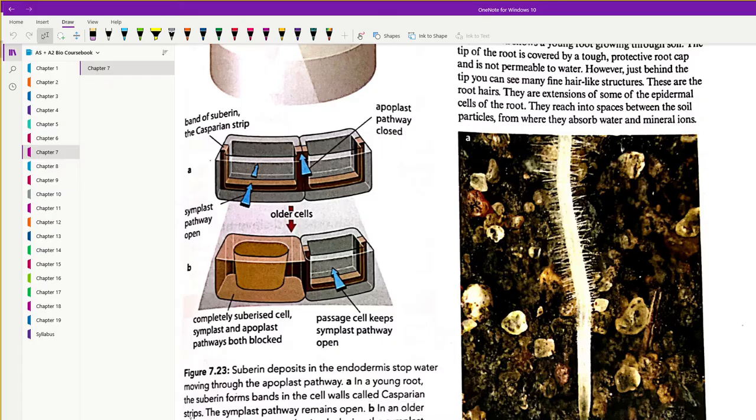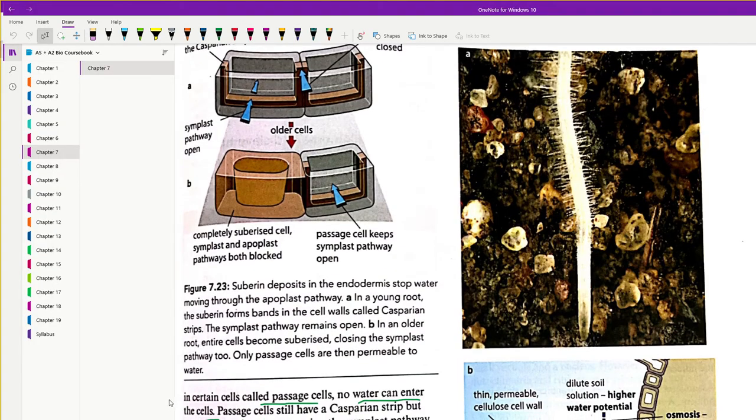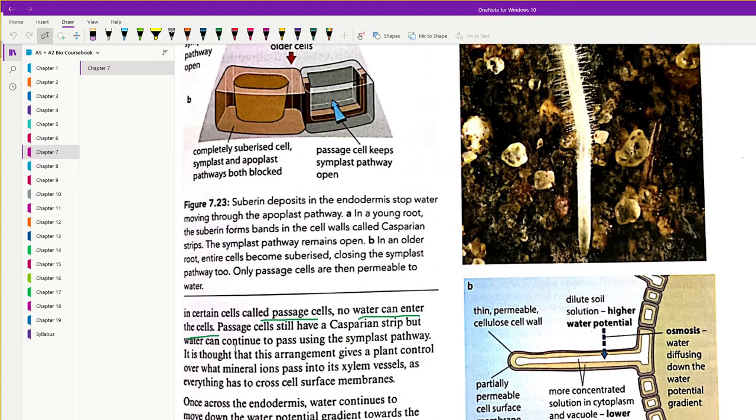In an older root, entire cells become suberized, closing the symplast pathway too. In certain cells called passage cells, no water can enter these cells.